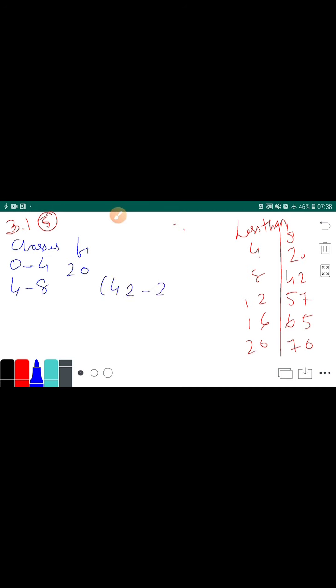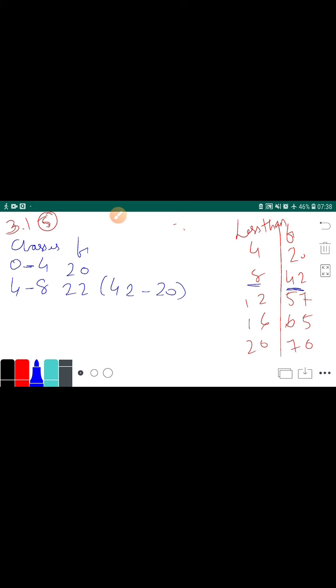Why so? Just understand the meaning. Less than 8 are having 42. This 42 includes everyone, less than 8, less than 5, less than 6, less than 7, less than 4, less than 3. Less than 4 is 20. So the gap, these 22, are having 4 to 8 marks. You have to remember like this.